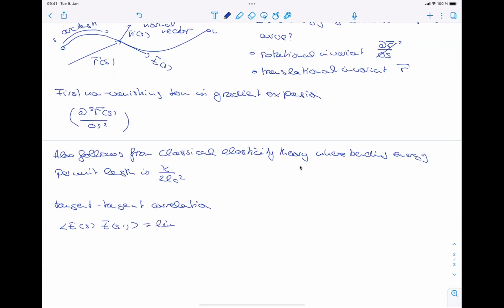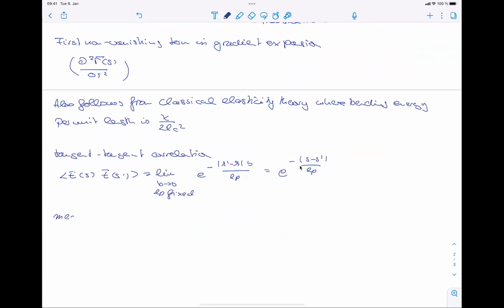This is now again performing the continuum limit of our result from Tuesday, with identifying the indices as the positions along the arc length. This is then e to the minus S prime over the persistence length.